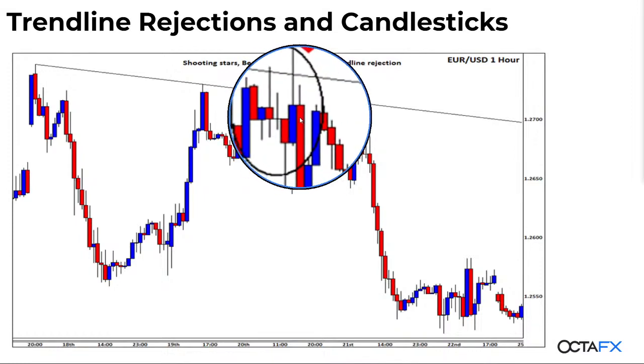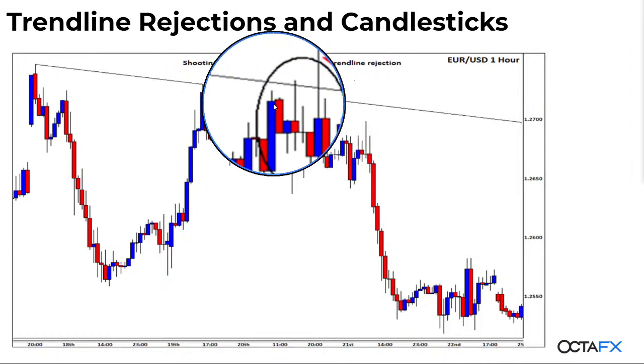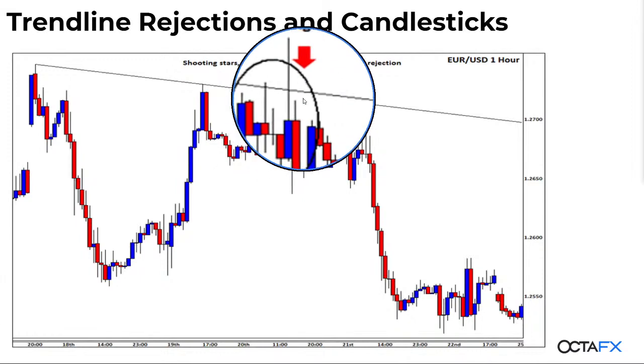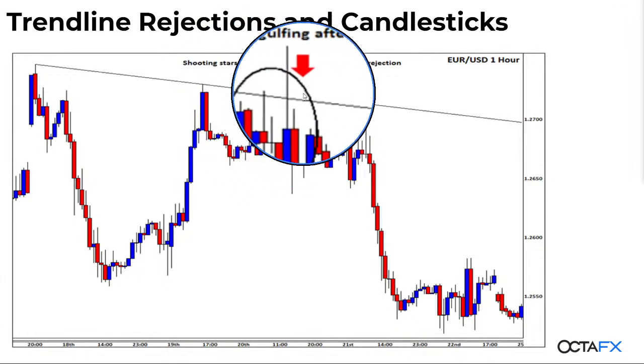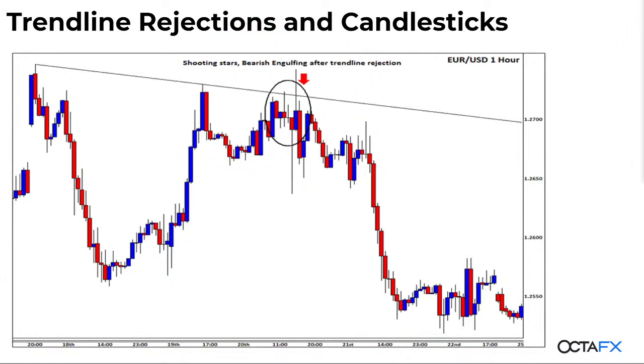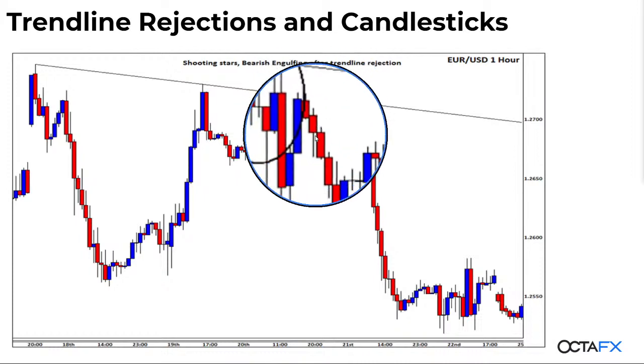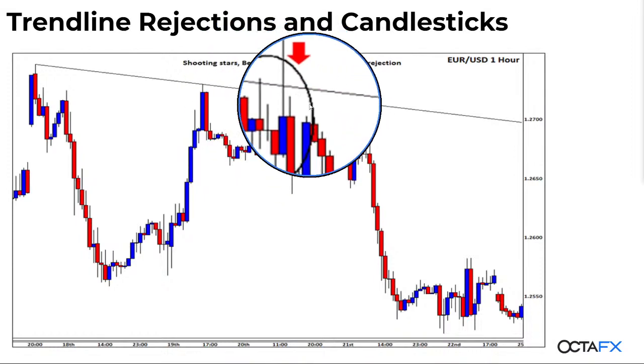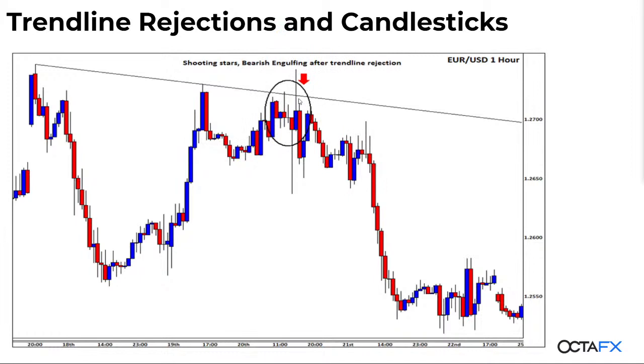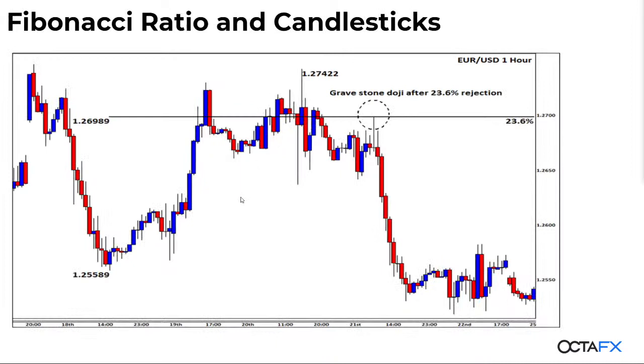You got your bearish engulfing, and everything else is clumped up together right around the resistance trend line, and that will give you an indication. If those patterns appear near a resistance trend line, it'll give you a stronger indication that the market is going to follow through.